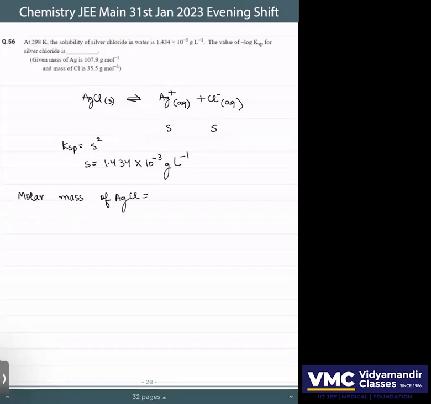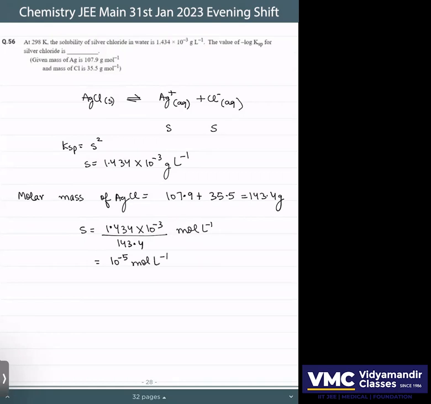Molar mass of AgCl would be 107.9 plus 35.5, which will be 143.4 grams. So it will be 1.434 into 10 power minus 3 divided by 143.4 mole per liter. The answer to this will become 10 to the power minus 5 mole per liter.